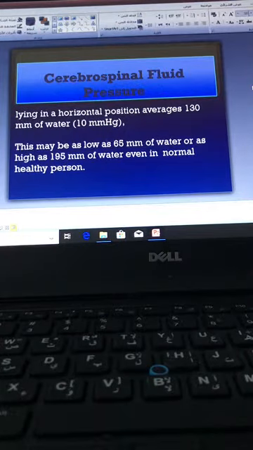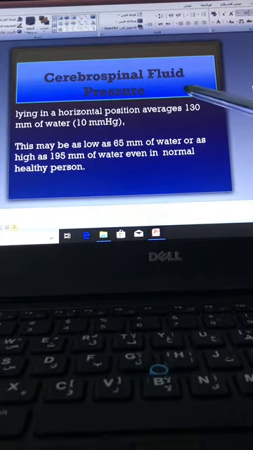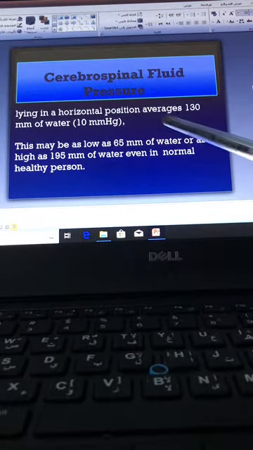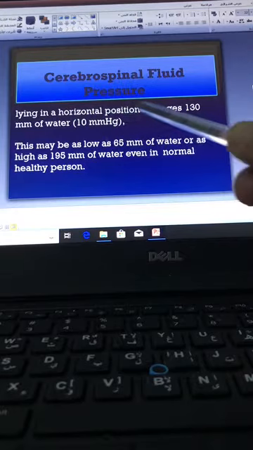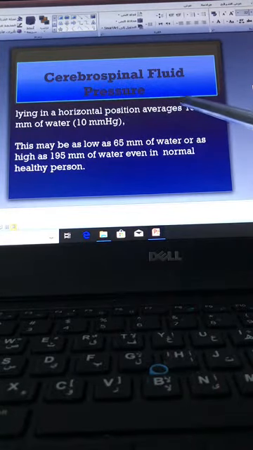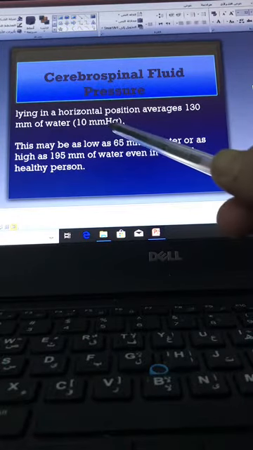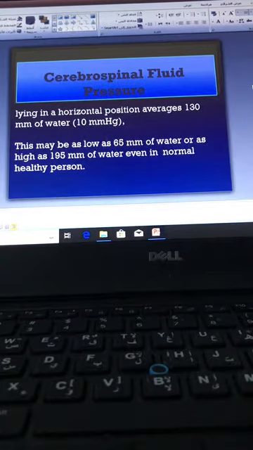CSF pressure lying in a horizontal position averages، إذا الإنسان مستلقي نسميه horizontal أو supine position أو lying، يعادل 130 millimeter of water أو 10 millimeter mercury.